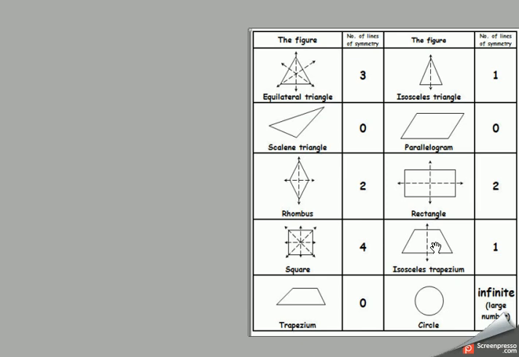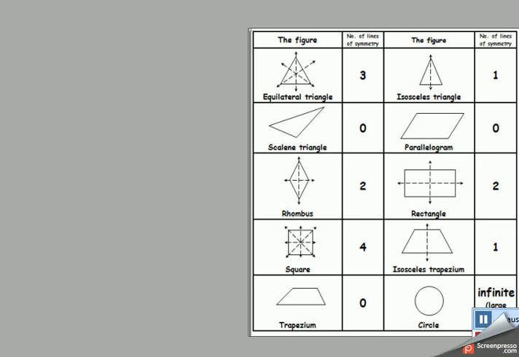An ordinary or scalene trapezium has 0 lines of symmetry. What about the circle? I can draw an infinite number of lines of symmetry.